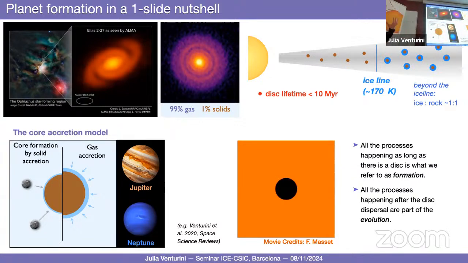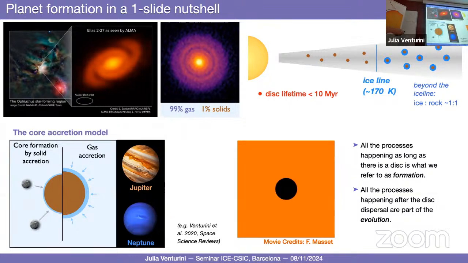At that temperature, water is able to condense, so we have an enhancement in the amount of solids. The surface density of solids increases by a factor of approximately 2, so we have more material to build the core of the planets. This concept is very important, the ice line, where we have the water. It's the water ice line, but it's more generally known as the ice line because it's the most important one.